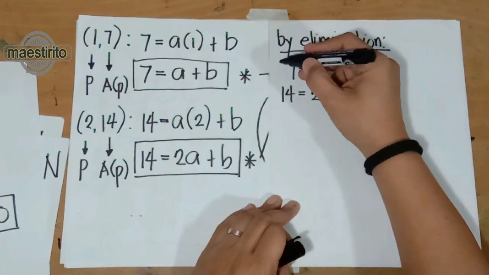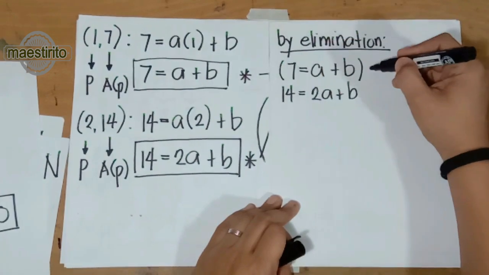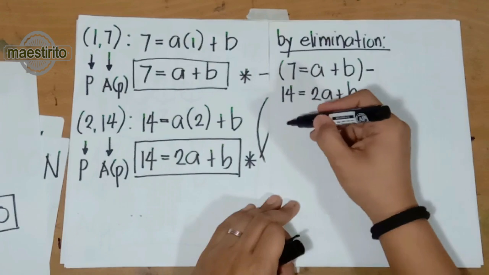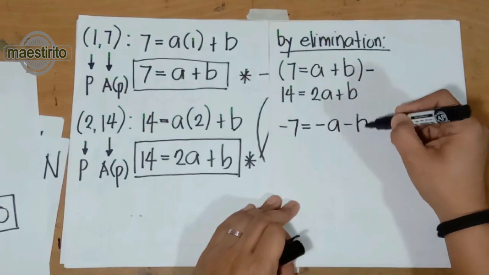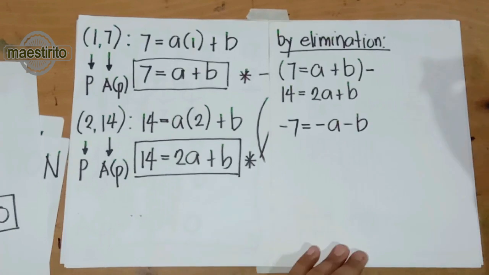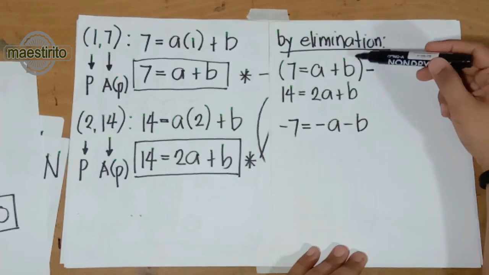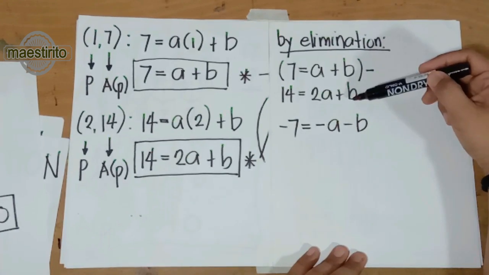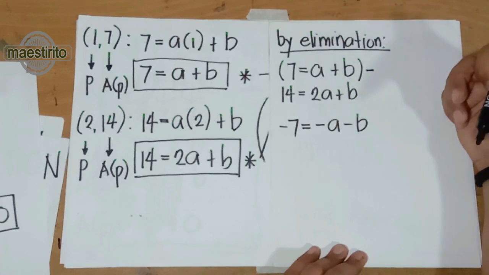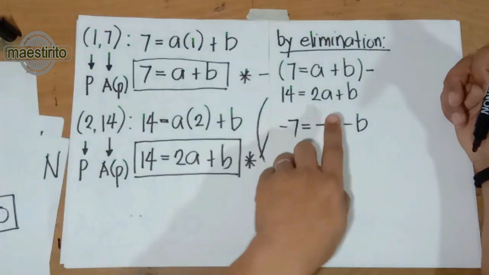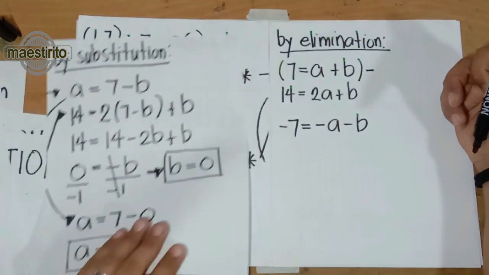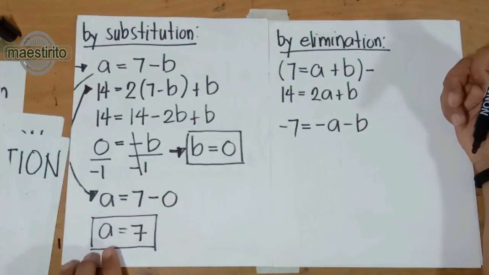Let me have this one multiplied by negative, and it will give us negative 7 equals negative A minus B. So when you say elimination, if we want to eliminate B, that means we are going to solve for the value of A. Let's see if we will have the same value of A that we found by substitution, which is 7.